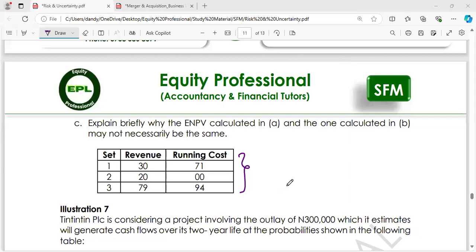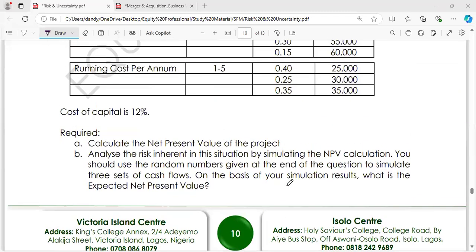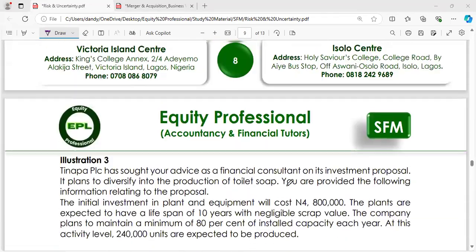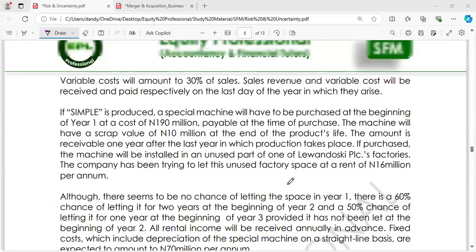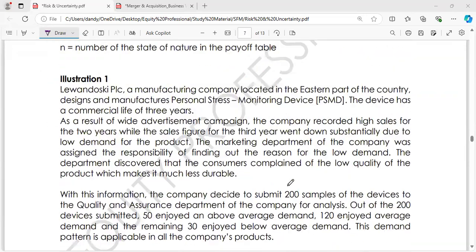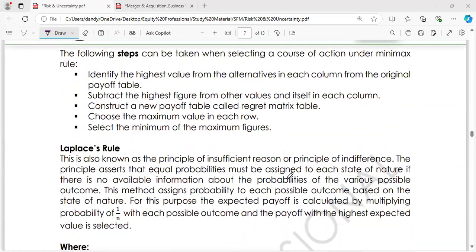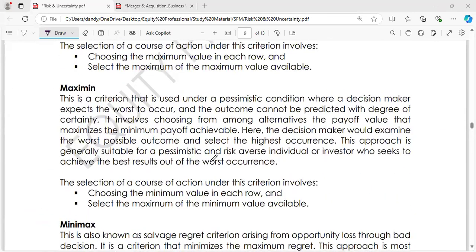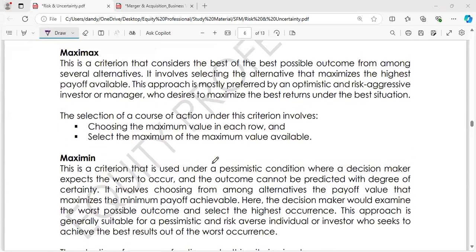Okay, so let's talk about decision tree. What do you understand by decision tree? The decision tree is a pictorial representation of various courses of action involving complex situation in making business and investing decisions.